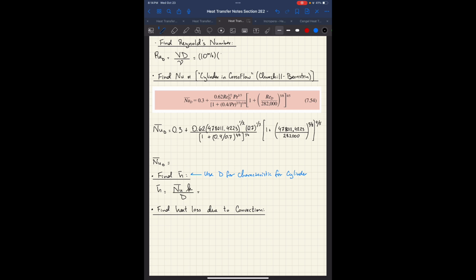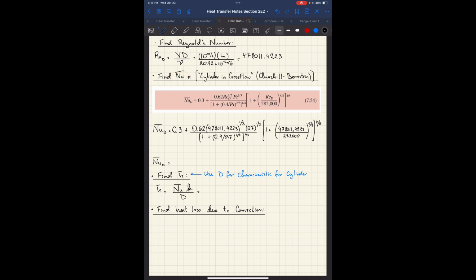All right, your diameter is 1 meter, and then nu we just had from the table. So your Reynolds number becomes 478011.4223.